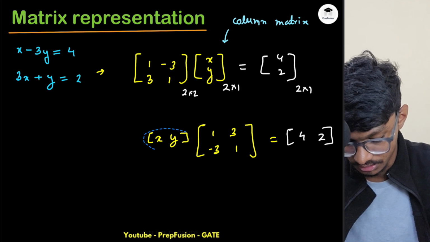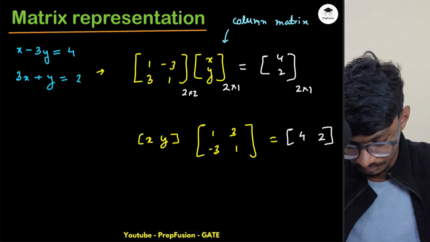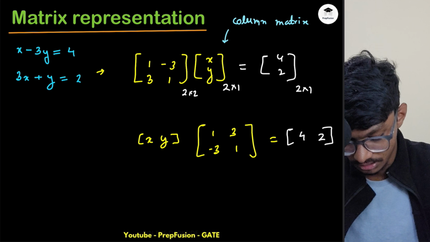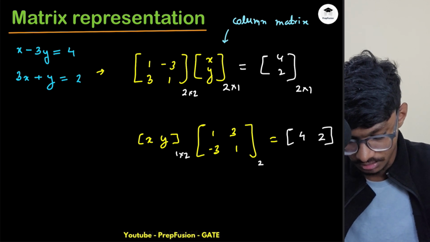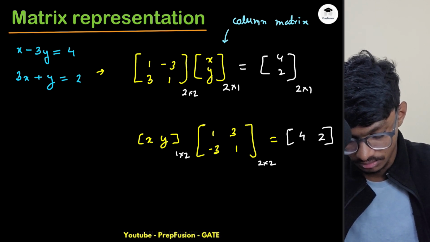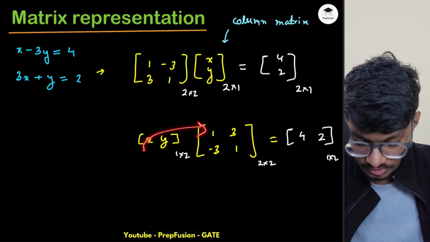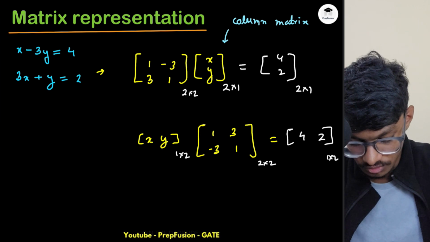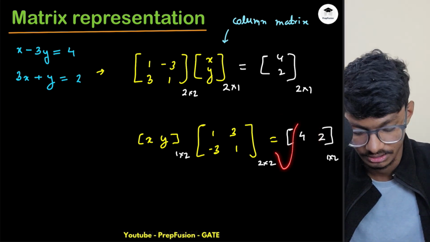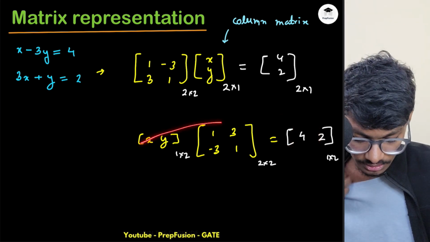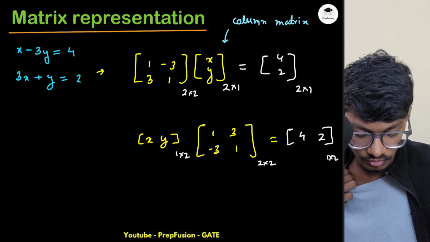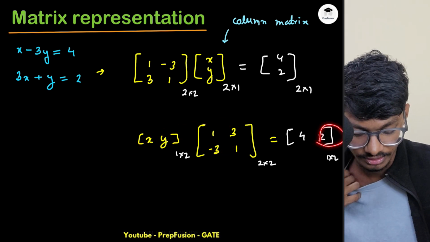So what is the order of this? The order is a single row and two columns: 2 cross 2 and 1 cross 2. So here we see x times 1 then y times minus 3 equals 4, the first column basically. This time I'm comparing the columns, and then x times 3 plus y times 1, 3x plus y equals 2.